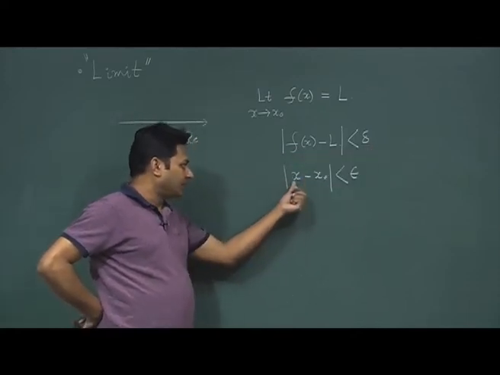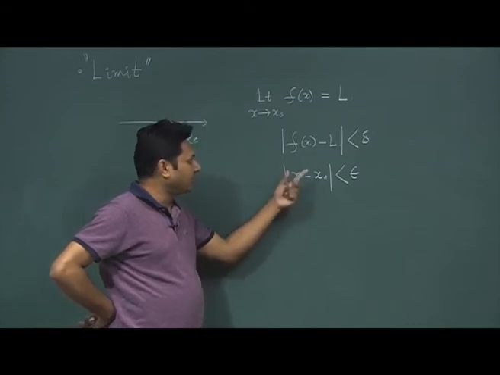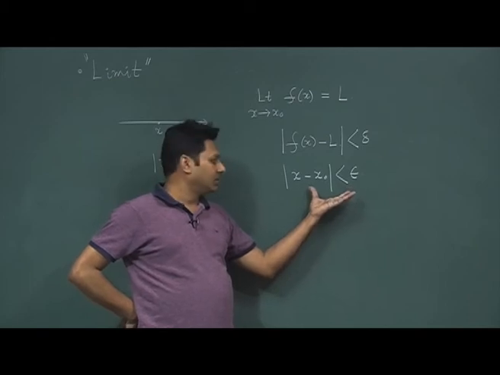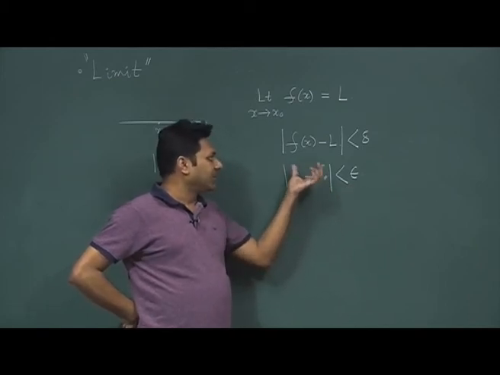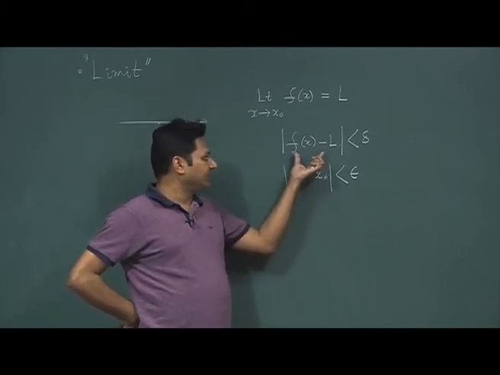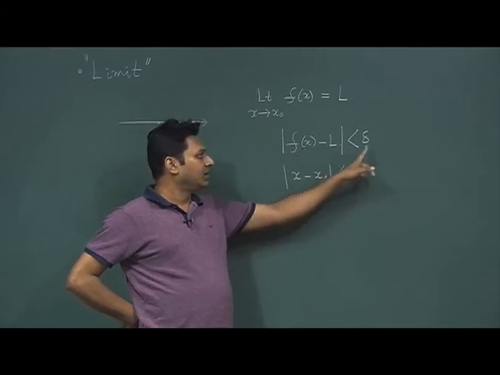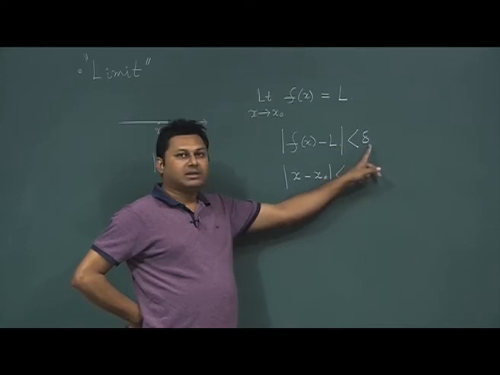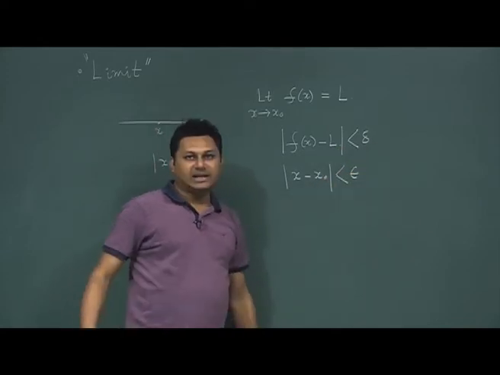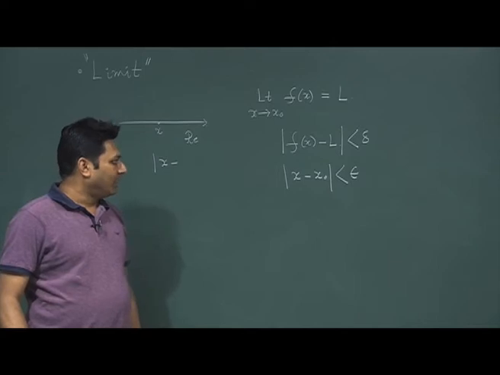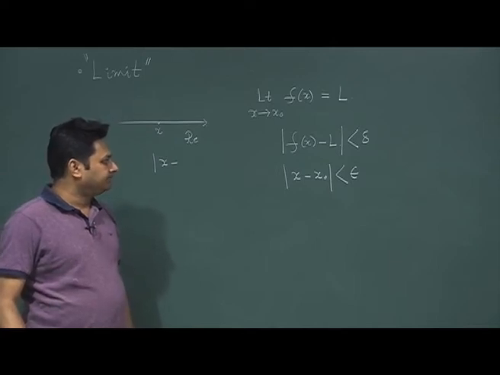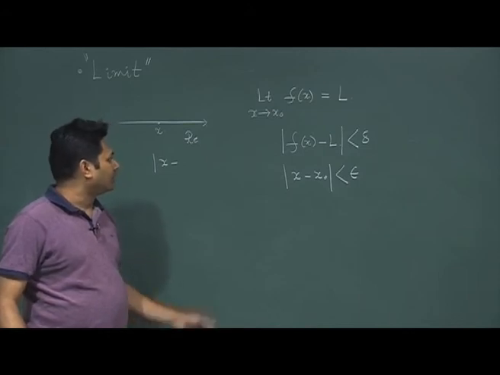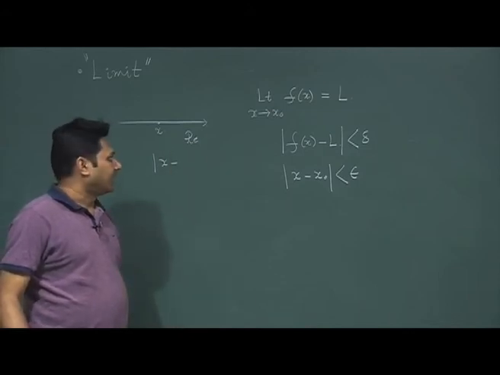As I go closer and closer, for every x which follows this epsilon relation, I should have an additional relation between these two things, so that |f - L| is less than delta. So, this is the well known delta epsilon relationship when we define the limit.